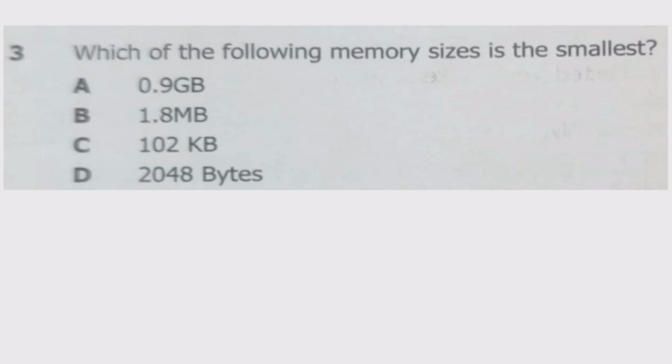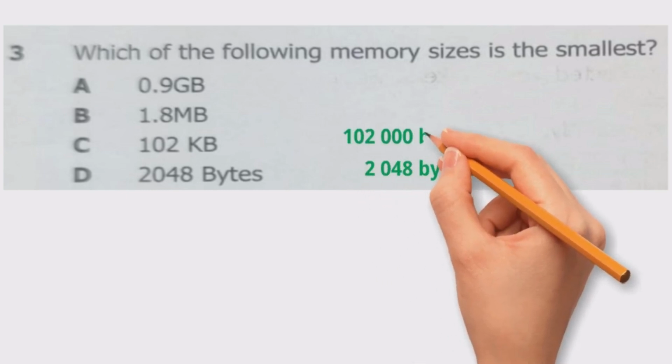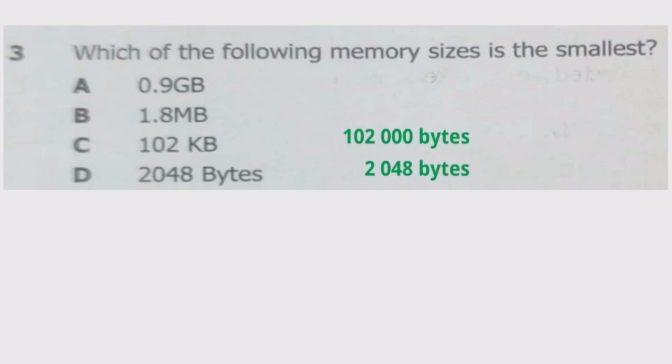The smallest unit in memory size is bytes, so that's what we're going to convert all the memories into. D will remain the same, 2048 bytes. Then 102 kilobytes is 102,000 bytes.